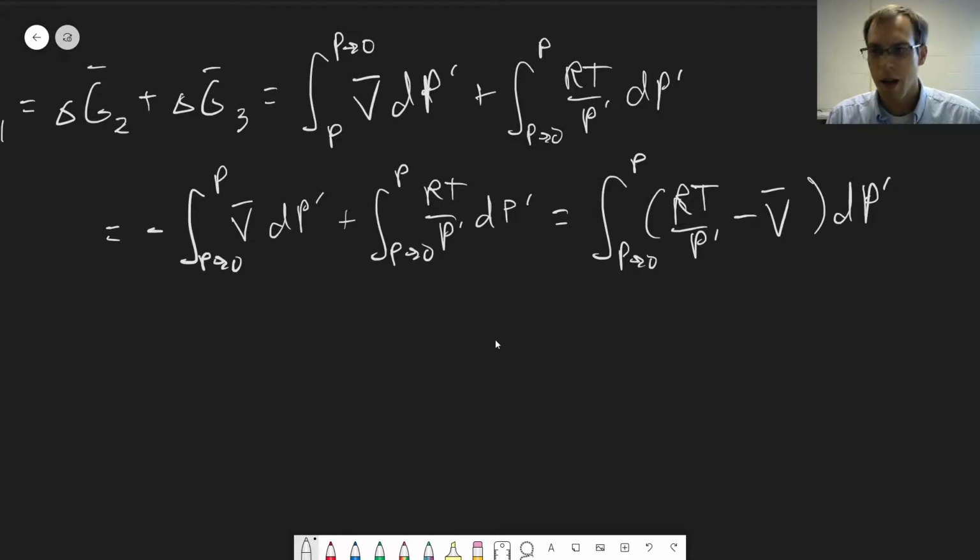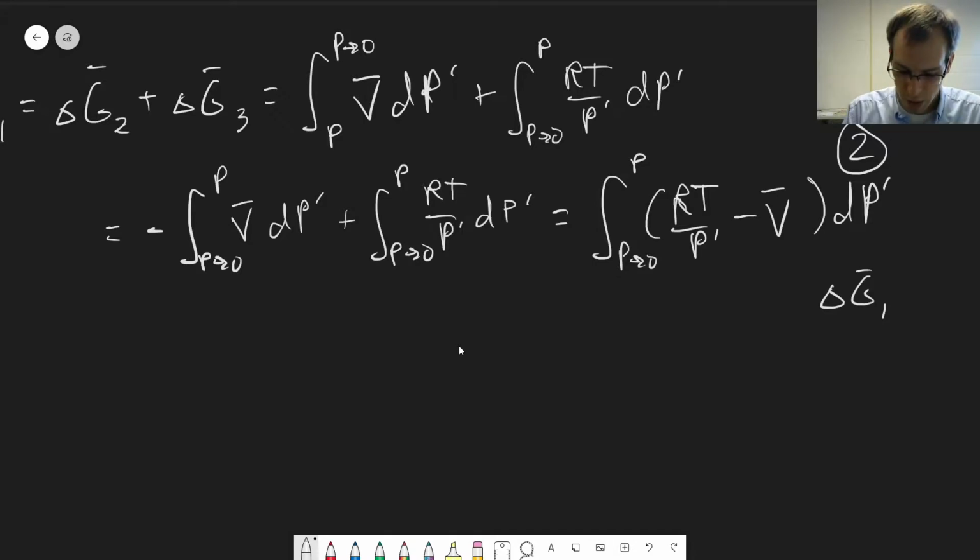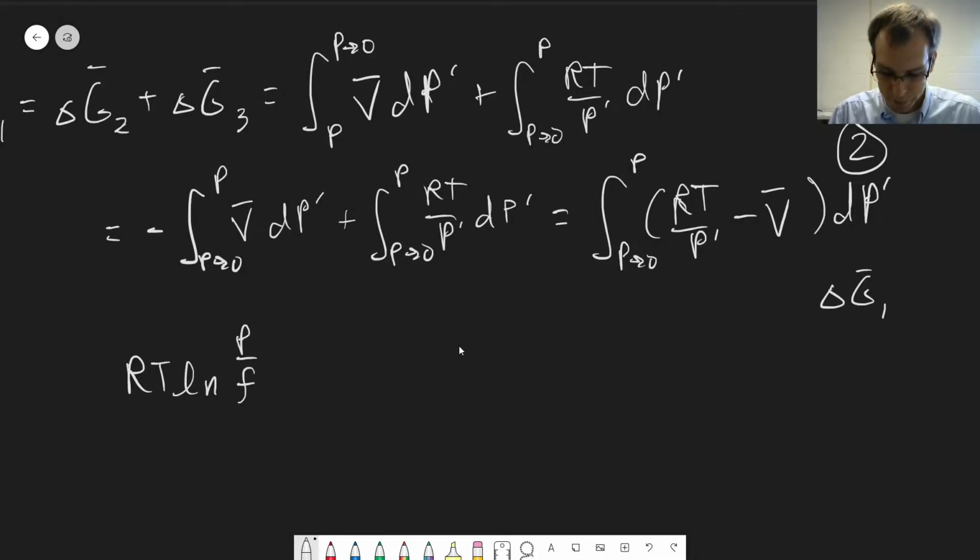Now this is a second way of expressing delta G bar 1. So we can say these are equal to each other, right? Our initial expression was RT log P over F, our first expression for delta G bar 1. This is this imaginary process of going from the real gas to the ideal gas at the same temperature and pressure, and that is equal to this integral.